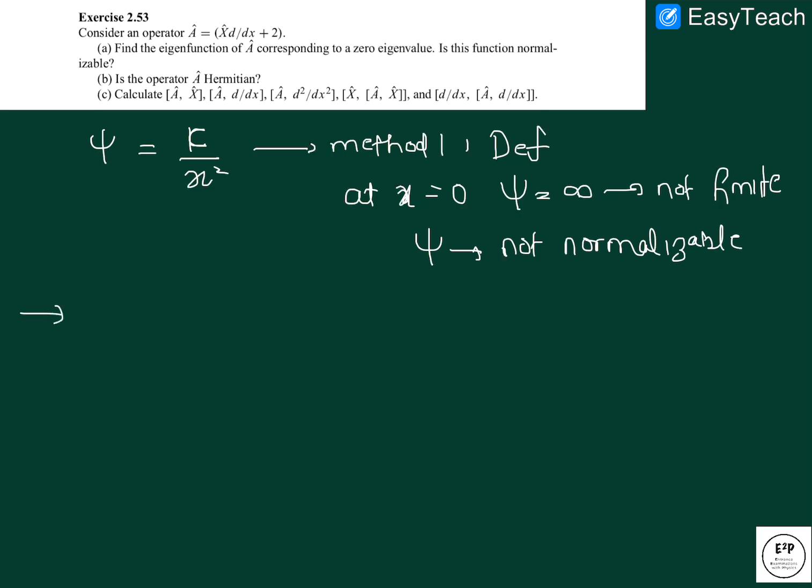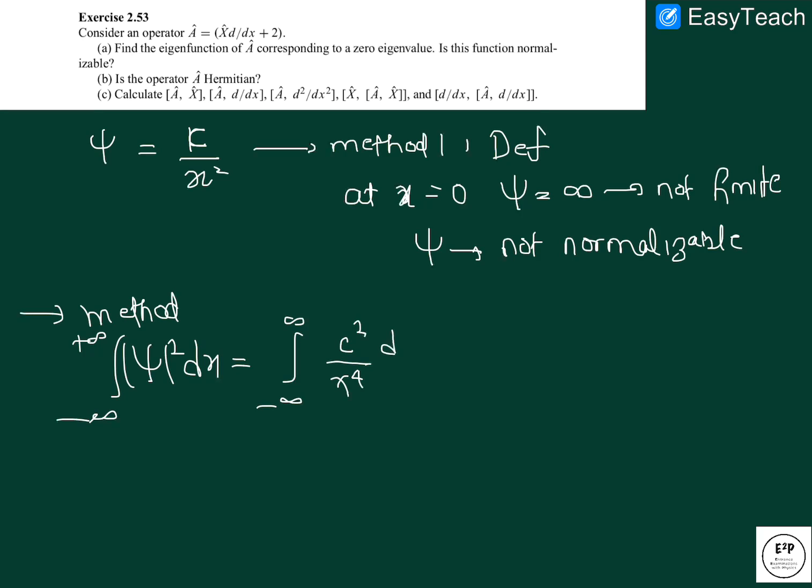Or method 2, we can go by integrating the probability density function, that is psi square dx from minus infinity to plus infinity. That gives us c square by x to the power 4 dx from minus infinity to plus infinity.